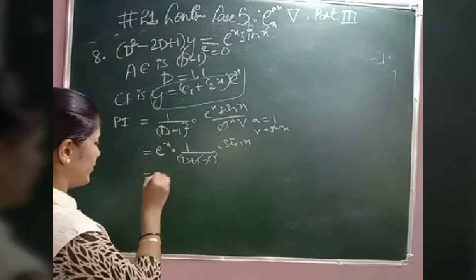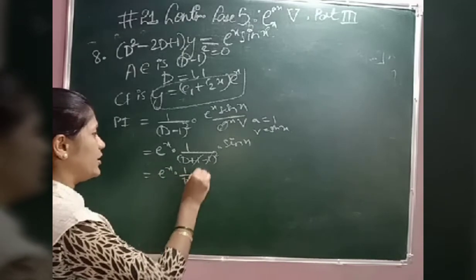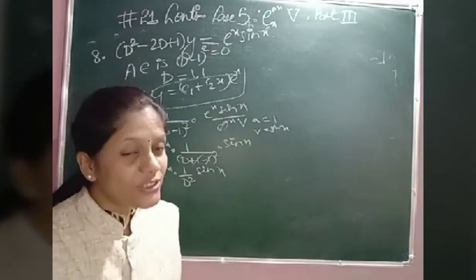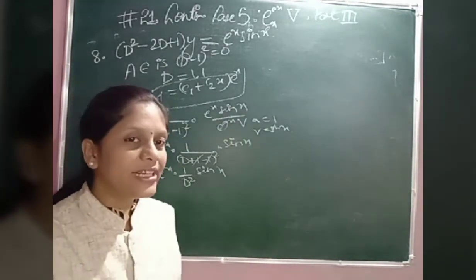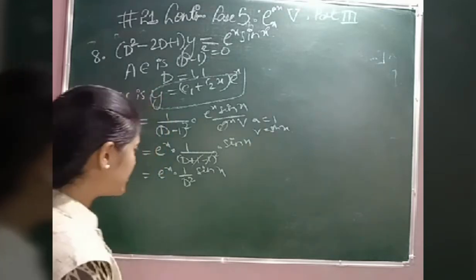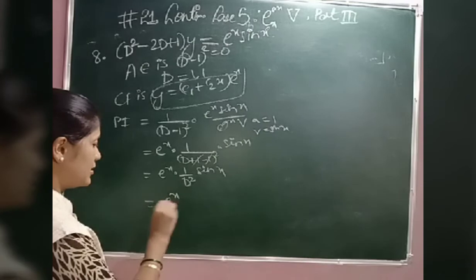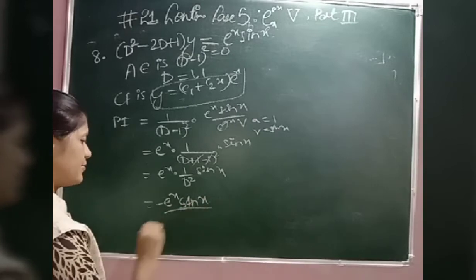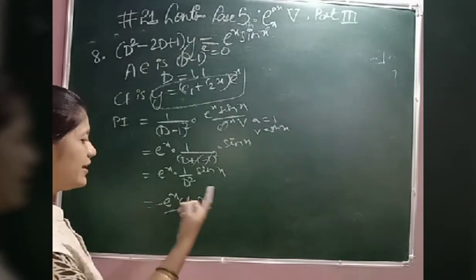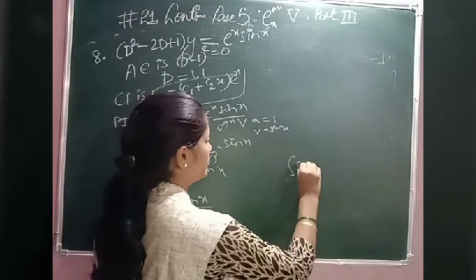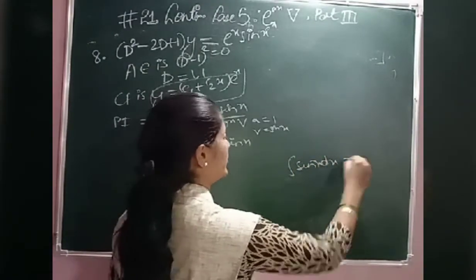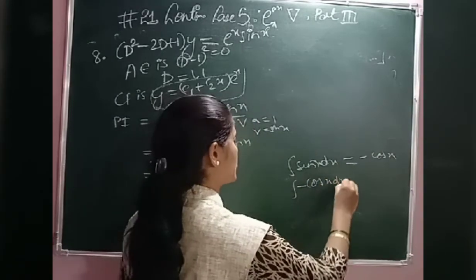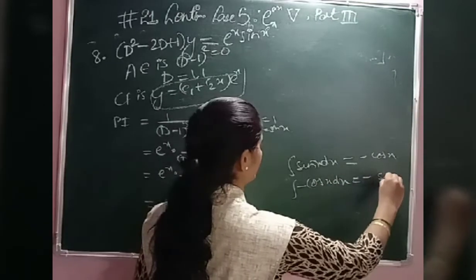So plus 1 minus 1 cancel, 1 upon D square. What is the meaning of D square? 1 by D square means 2 times integration. Integration of sin x is minus cos x, then integration of minus cos x is minus sin x. So the answer is e raised to x into minus sin x. Once you integrate sin x you get minus cos x, and once again integrating minus cos x you get minus sin x.